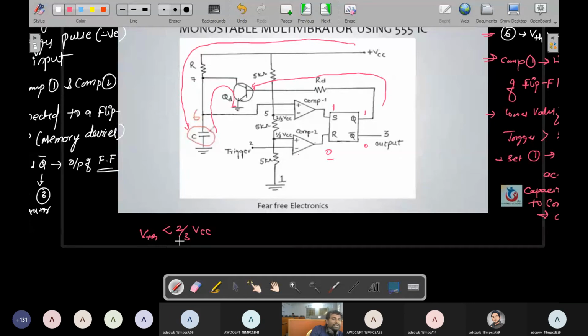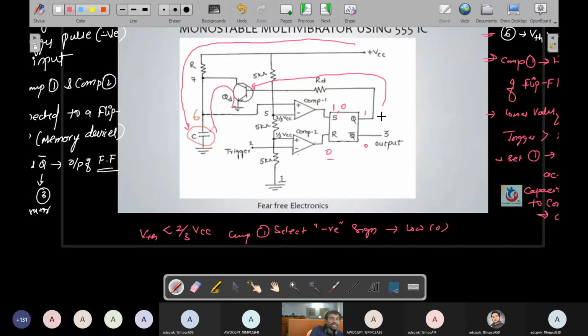So whenever VTH is less than 2 by 3 VCC, then comparator 1 will select the negative sign. If negative sign, it is a low value, that is 0. Right now your set comes to 0. Whenever the capacitor is discharging, then the comparator selects low value and the set is going to be 0.